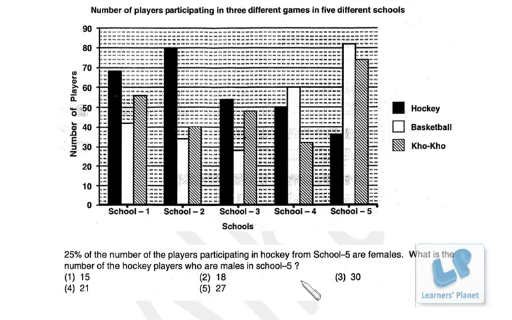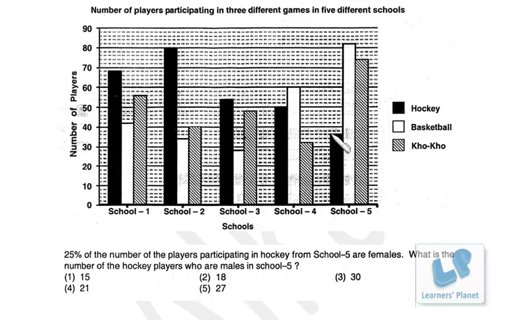So first of all, total number of participants from school 5 in hockey. Hockey is black one, school 5, and this line is showing 36, right? Because 30 to 40 and 4 dots are there. So 32, 34, 36, 38 and 40. So it is the third line from this line.